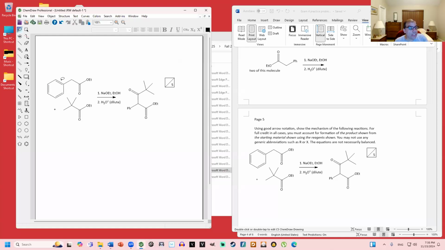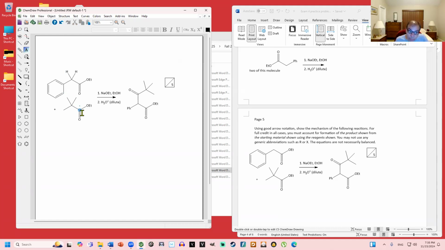Looks to me like we're taking this ester, which has two acidic alpha protons, and doing a mixed Claisen condensation with this other ester that has no alpha protons.